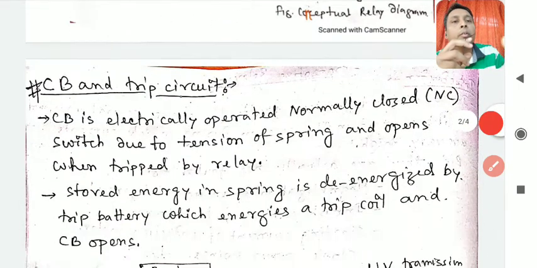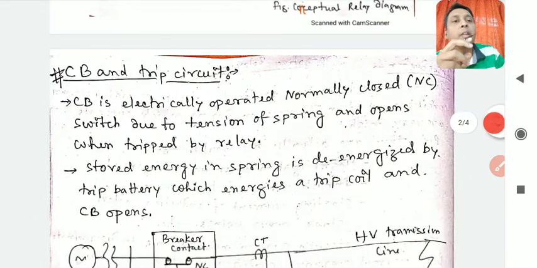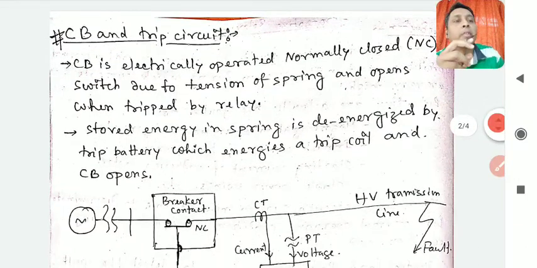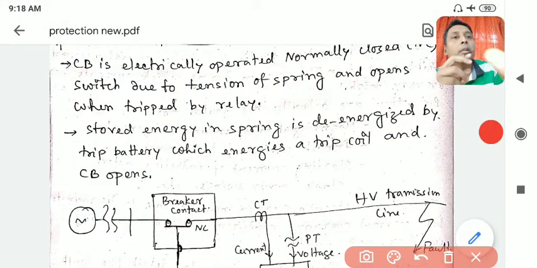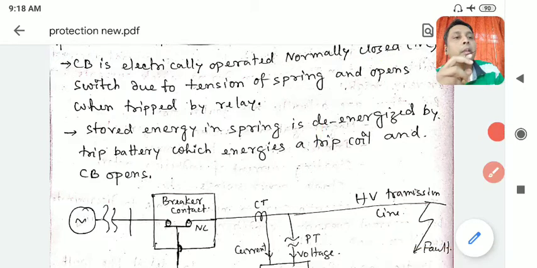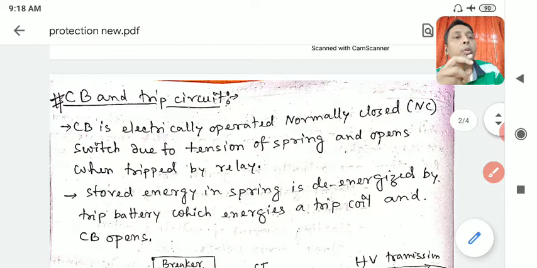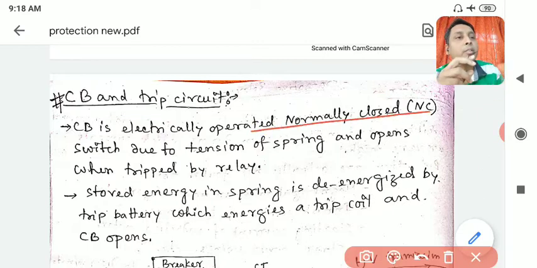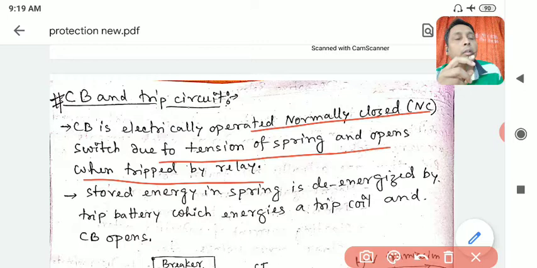Now let us see how the circuit breaker and trip circuit operate. The circuit breaker is electrically operated and normally closed. NC means normally closed. Normally the circuit breaker is closed and the line is always conducting. It is an NC switch, due to the tension of a spring connected to the contact points.